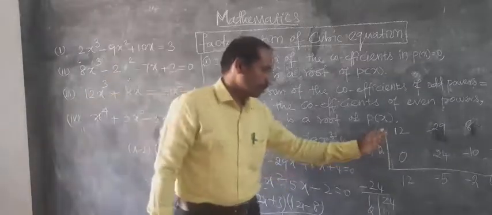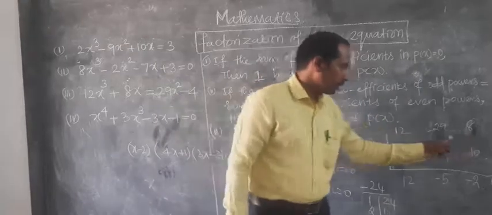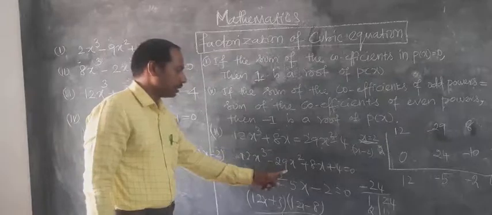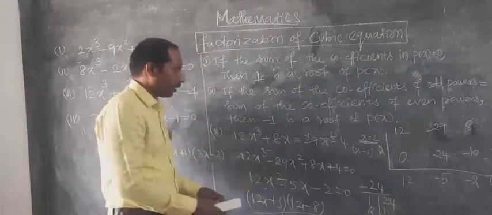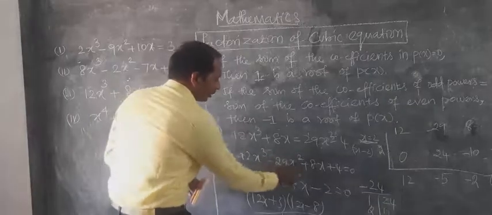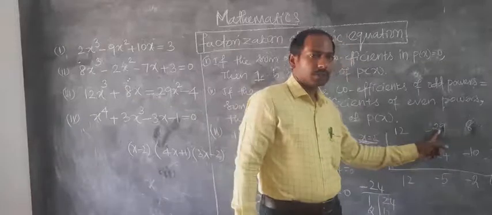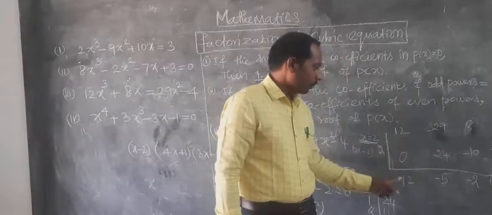Then you have to use synthetic division. In synthetic division, you have to write the proper order. Suppose any power is absent, for example the x square term is absent in the polynomial, and they didn't give it, then you have to write 0 there in the synthetic division. Then you simplify properly.